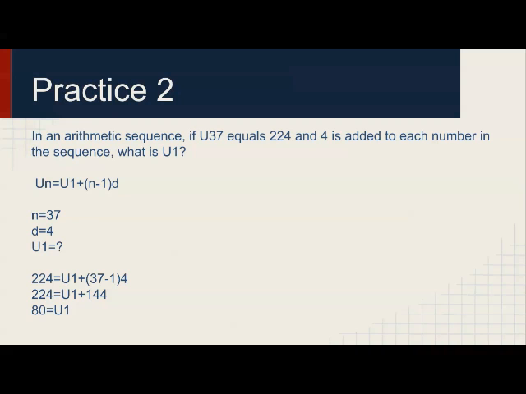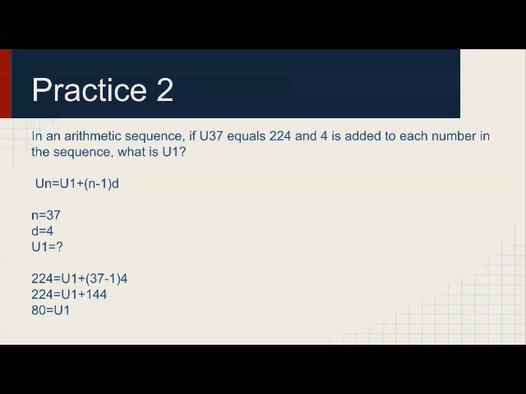So when we're first starting this, instead of putting in U of 37, we're going to put in 224, because it tells us that's what that equals. Then we're going to put U1 in as our variable, because, of course, we don't know that. And then we're going to plug in plus parentheses 37 minus 1 parentheses times 4.